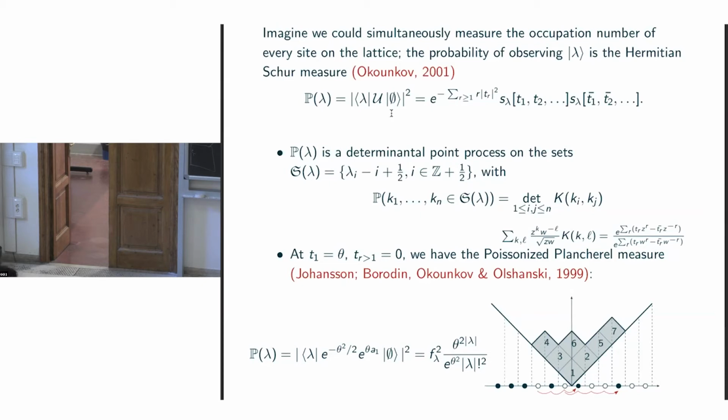So if you are getting from the vacuum state up to the state labeled by partition lambda, it means you're counting all the ways of getting there, or in other words, you're counting ways of filling the boxes of the Young diagram with increasing numbers up to its size. So you're counting the number of standard Young tableaux.